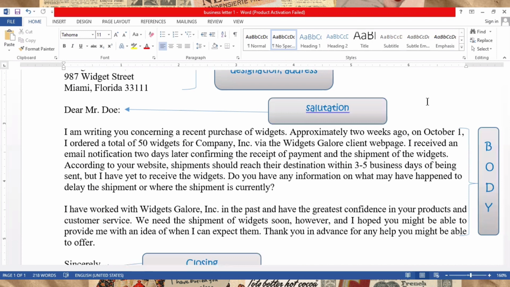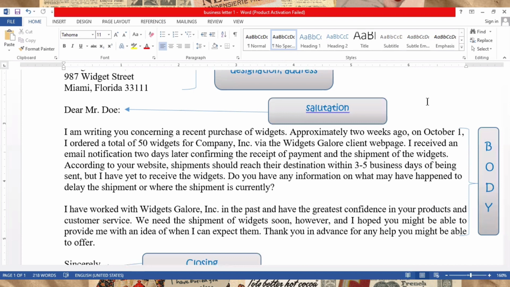So that's already a presentation of the background information regarding the purchase made by the sender. And here comes now the complaint of the sender. But I have yet to receive the widgets.